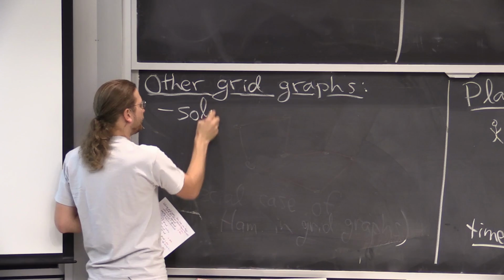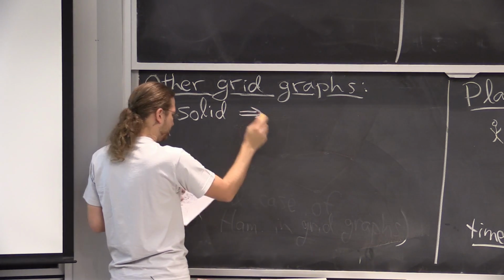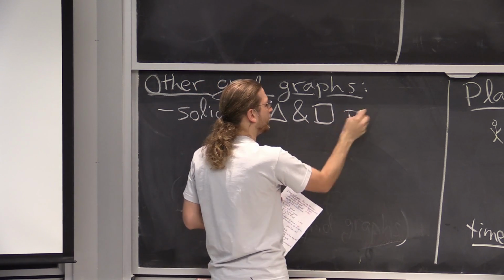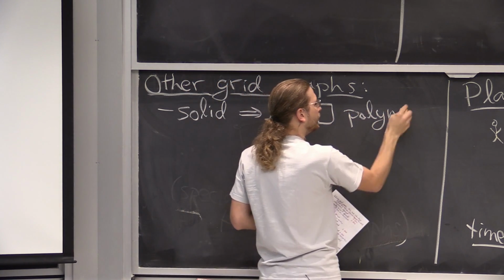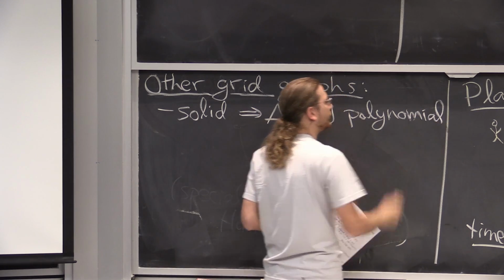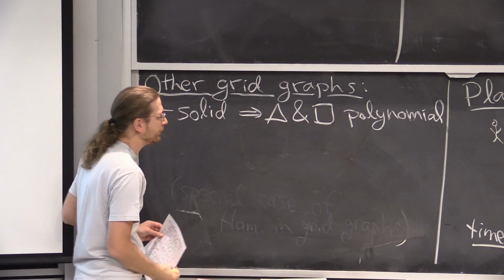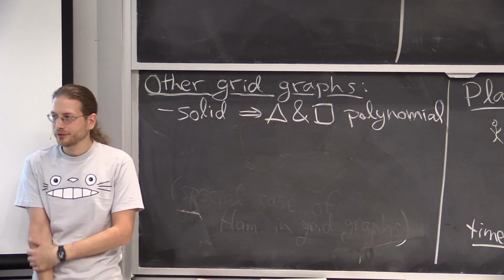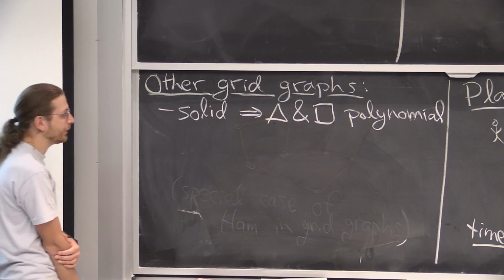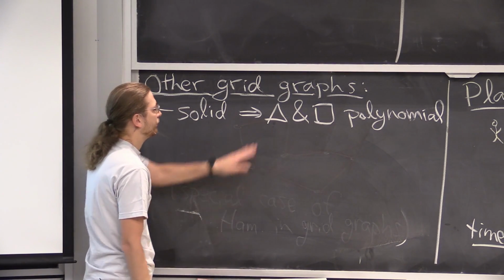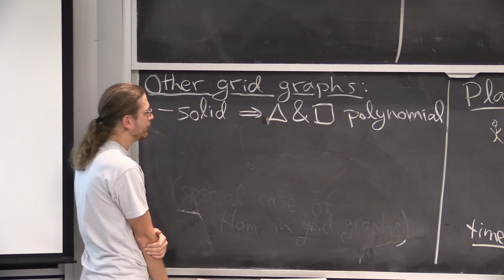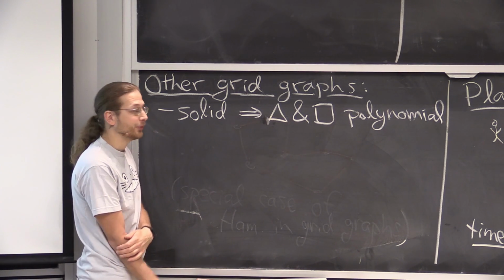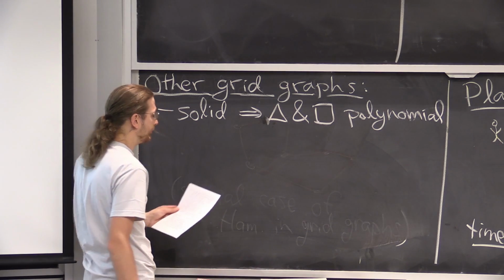The first thing that's known is that if you have a solid grid graph, then the triangular case is also polynomial. I mentioned solid square grid graphs are easy to solve Hamiltonicity in. Turns out solid triangular grid graphs are also easy to solve Hamiltonicity in. Almost all of them are Hamiltonian in a certain sense, as long as you check for some basic things you shouldn't have. But hex is open. So there's actually a ton of nice open problems still.